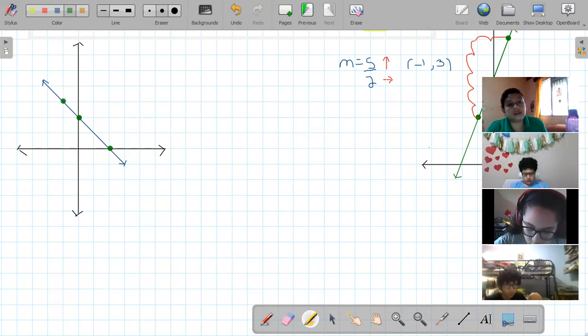That's it. You need to find the equation of that graph.